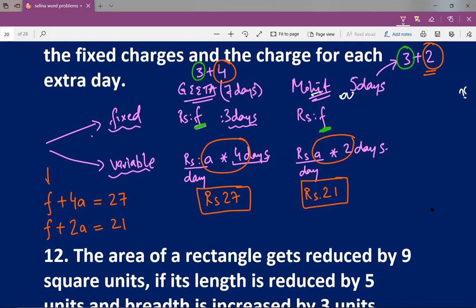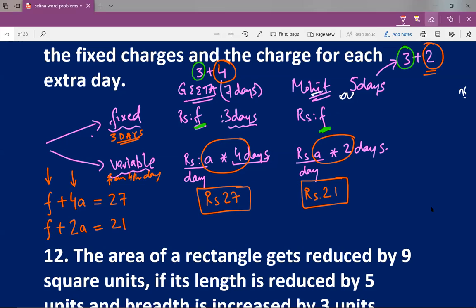See, this component is fixed. This component, the additional component, depends upon the additional days. Fixed is for 3 days. The variable charges come into play from the 4th day. I hope you are able to understand this.